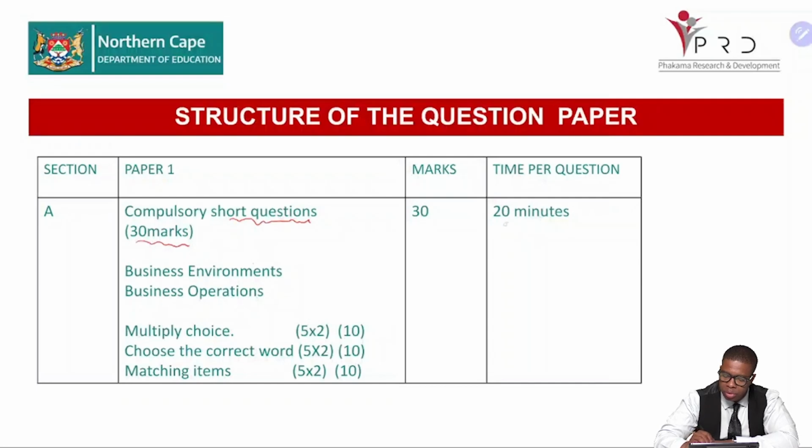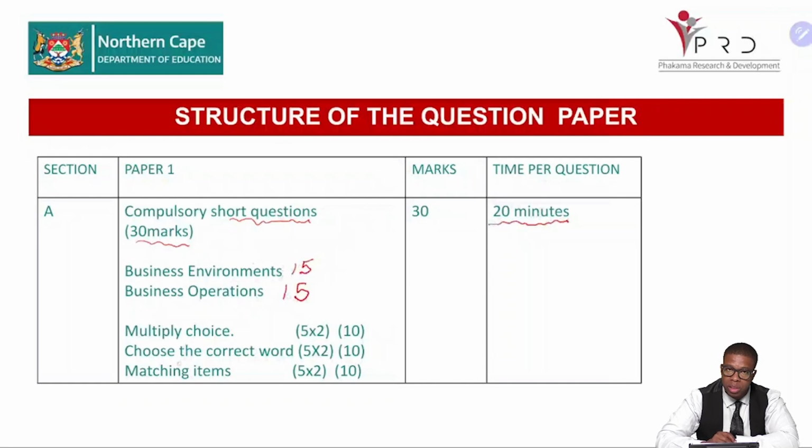The time you should spend answering your short questions is 20 minutes. In section A, 15 marks will be from the business environment and another 15 marks will be from the business operations.